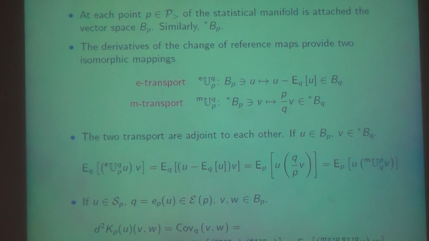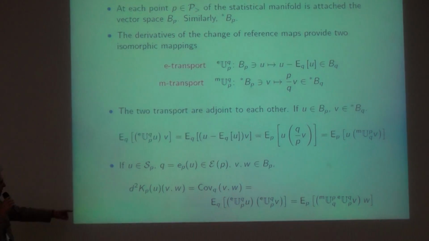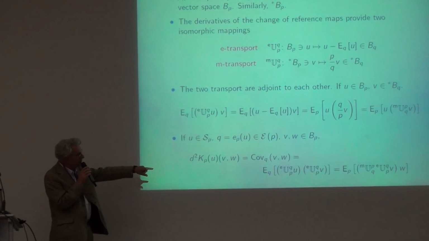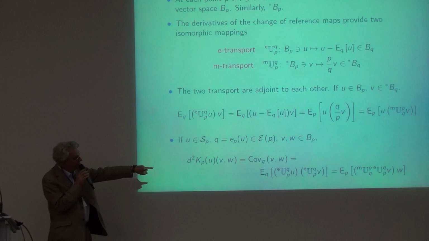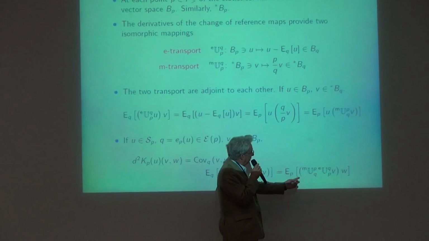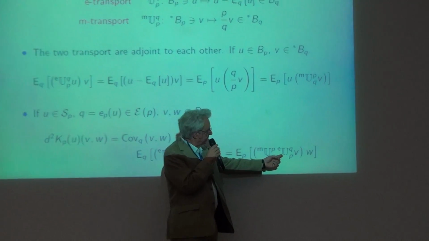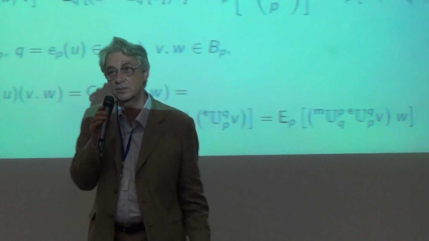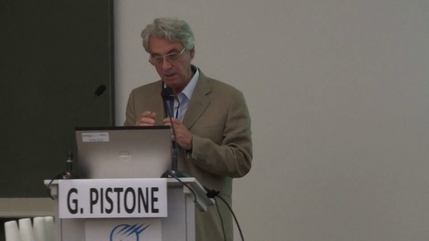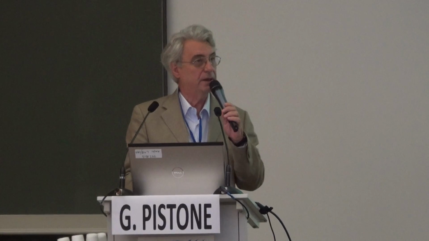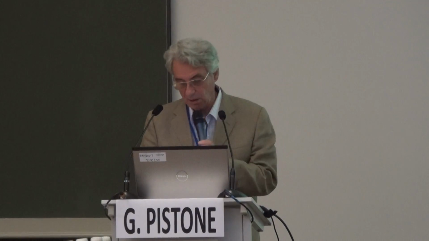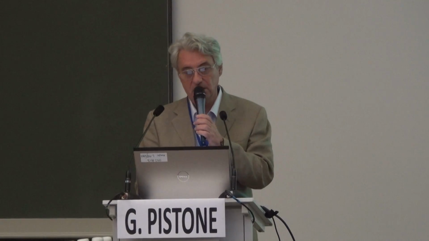And the second derivative of the cumulant function, which is the covariance, actually can be identified with the operator consisting in applying first the exponential transport and then the mixture transport. These are all obvious formulas in information geometry. I am rephrasing everything in this infinite dimensional setting.